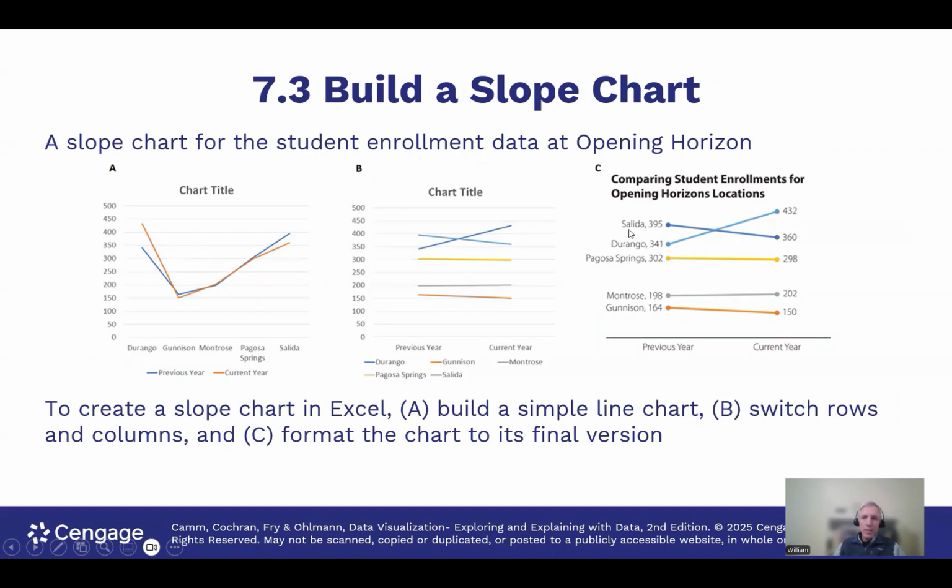And when I add the labels and the numbers and the dots, this works pretty well. This says very clearly what happened. Gunnison went down a little bit, Montrose stayed flat, Pagosa Springs stayed flat, Salida went way down relative to what it was, and Durango went up relative to what it was. So we kind of iterated through a series of charts and got to this one, and we said, aha, this one works really well.